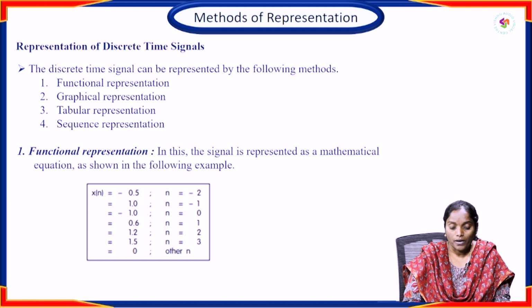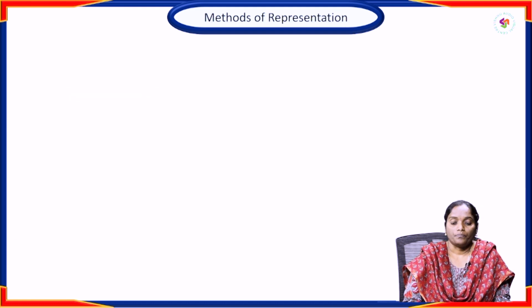At time index 1, the amplitude is 0.6. At n equal to 2, the amplitude is 1.2. At time index 3, the amplitude is 1.5. For other values of n, the amplitude is 0. If you represent a discrete time signal like this, we say it is a functional representation.